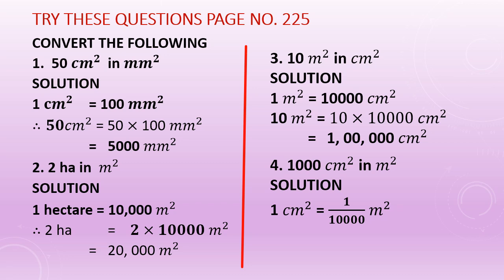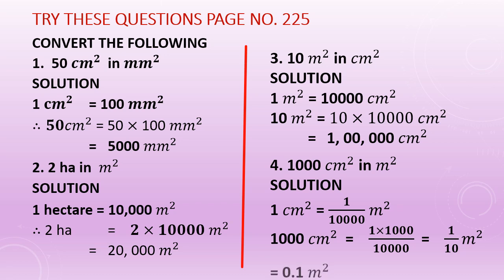As we have 1 centimeter square equal to 1 upon 10,000 meter square. Therefore, 1000 centimeter square equal to 1000 multiplied by 1 upon 10,000 meter square. 3 zeros from numerator and denominator cancelled. We get 1 upon 10 meter square, or we can write it as 0.1 meter square.